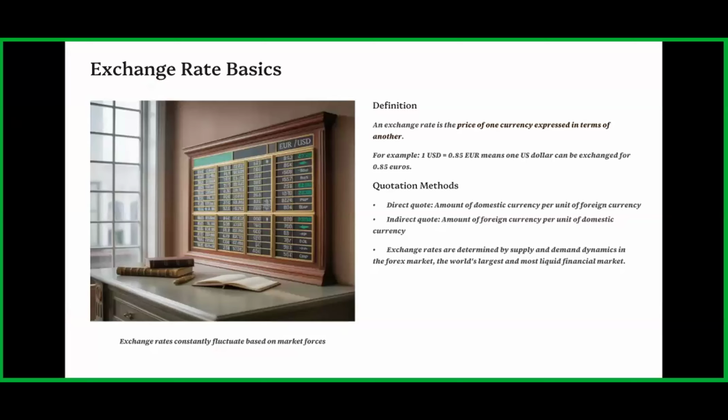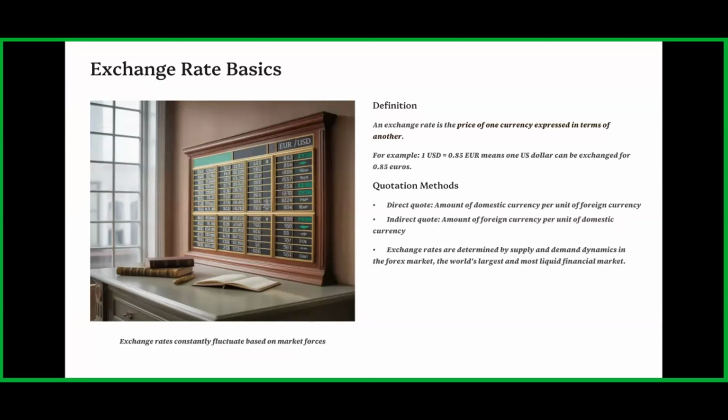Okay, we will see what is meant by the exchange rate, and what the basics of the exchange rate are. What is exchange rate? The definition is given here. The exchange rate is the price of one currency expressed in terms of another currency.